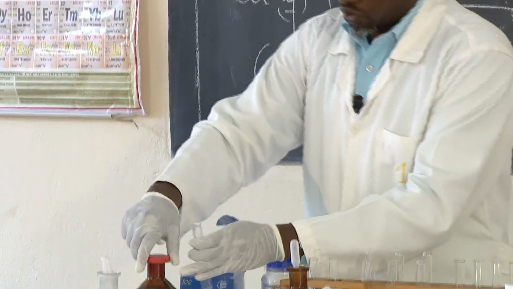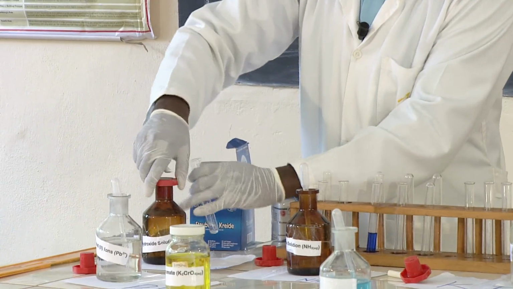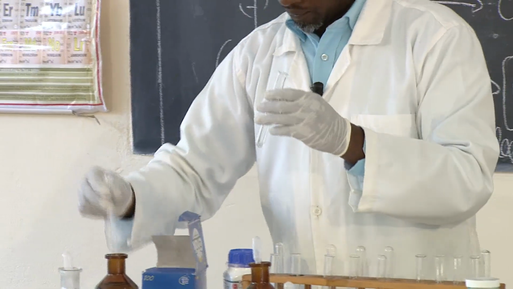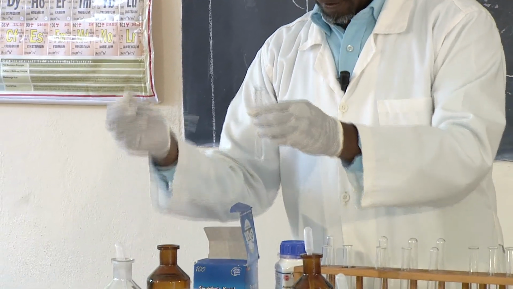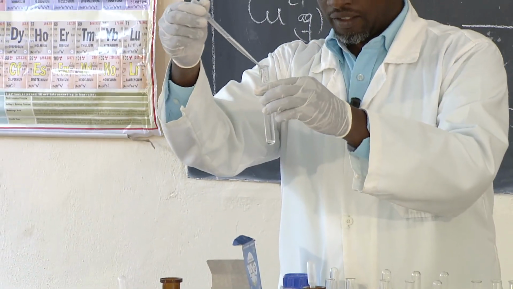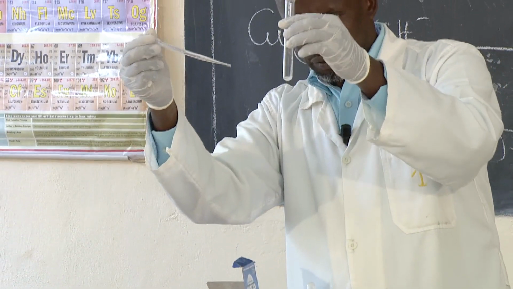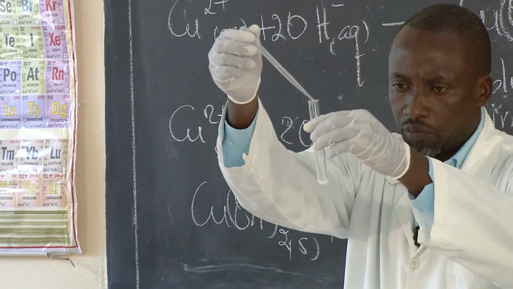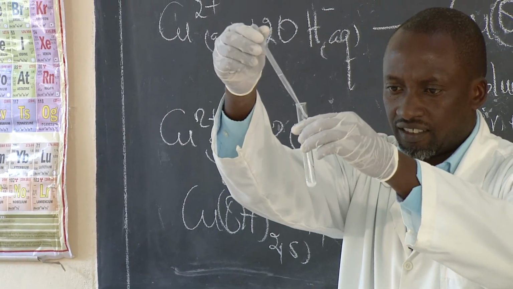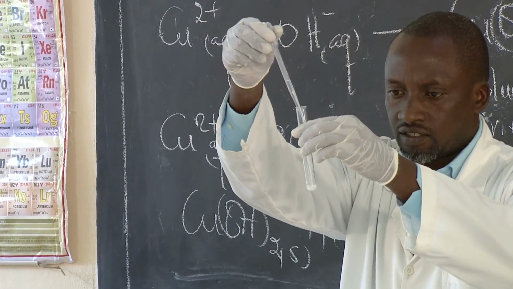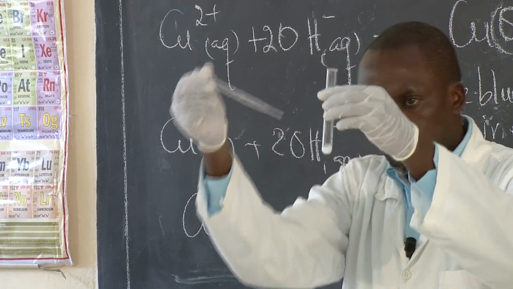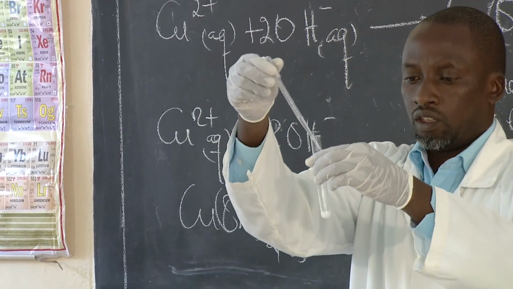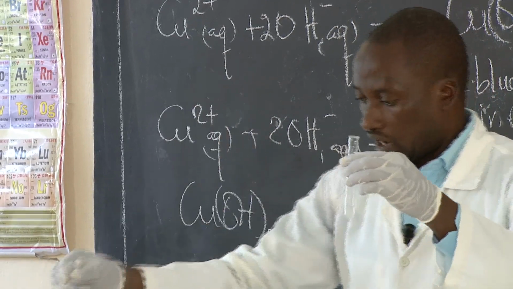And then we add sodium hydroxide. Just one drop has reached there. I think you can see what is happening. See the precipitate. I think everybody can tell the color of that solution.